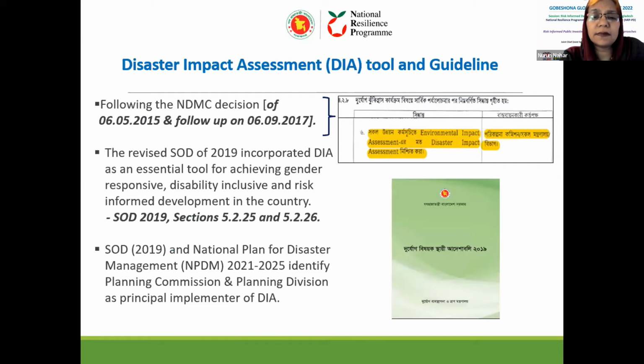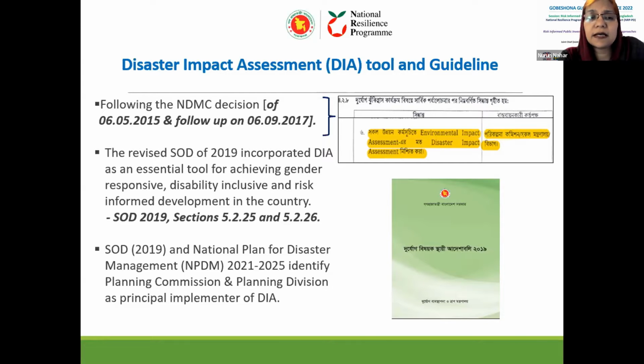So now, coming directly to what we have developed to mainstream disaster risk information in our planning system, there is another piece of information I would like to share at the policy level. It's not just the hazard background of the country, but what are the policy directions that led to the development of the tools? I will share 2 slides.